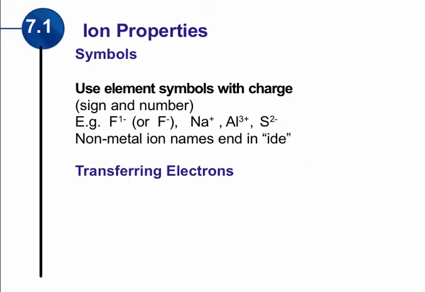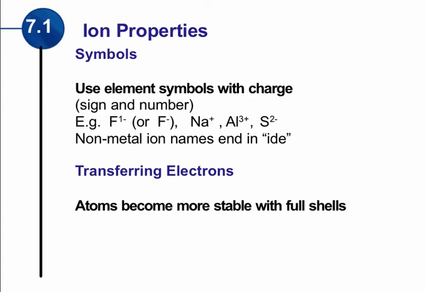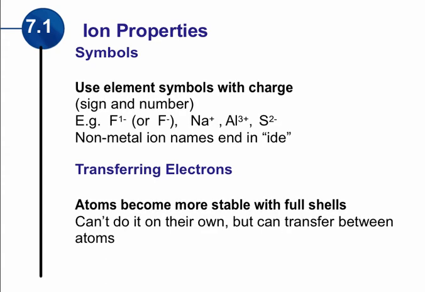The other thing that's important about ions is the transferring of electrons. Now, an atom becomes stable as it fills its shells, as it gets closer to full shells, that 2, 8, 8. Now, the important piece here is that an atom can't do this on its own.